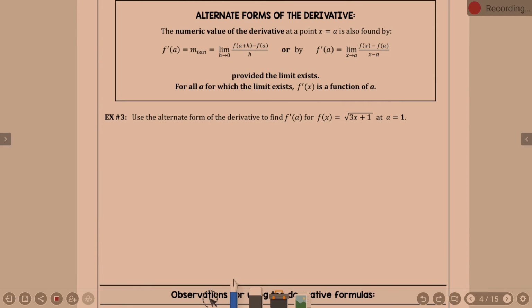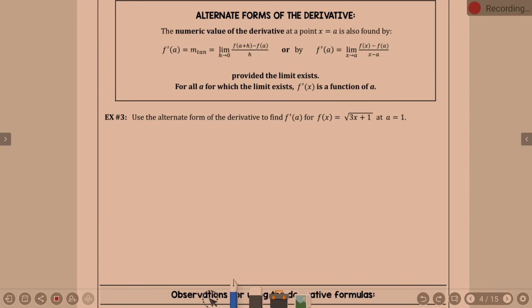Or this is another alternate form of the derivative. It's different. Again, this is what a point is. Notice this one is the limit as x approaches a. Is that supposed to be a there? Yes, okay. Of f of x minus f of a over x minus a. So this is another alternate form of the derivative.